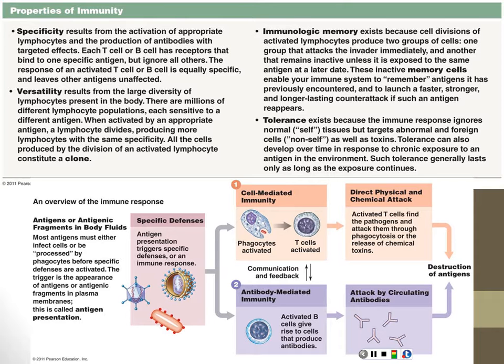In the end, that results in destruction of the antigen, as well as anything that antigen is attached to or is a part of. So like in my example, once the immune system learns how to destroy square, it will destroy bacteria because bacteria has square as part of it, right? Okay.